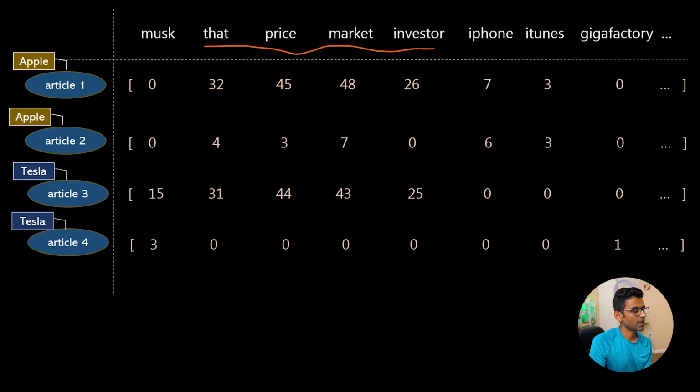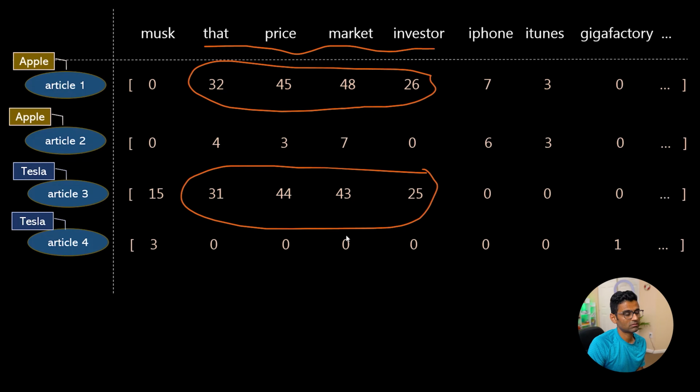The presence of these terms in your bag of words model can suppress the meaningful words. For Apple, iPhone and iTunes are the relevant terms, and for Tesla, Musk and Gigafactory are relevant terms. But these generic terms are suppressing the influence of the relevant terms. In this example I'm showing just 4 terms: that, price, market, investor. But actually, there could be 100 such terms.